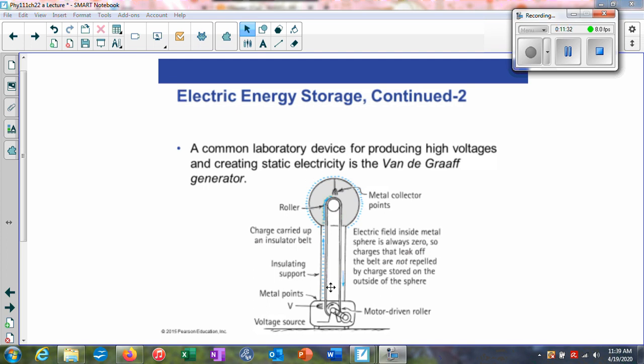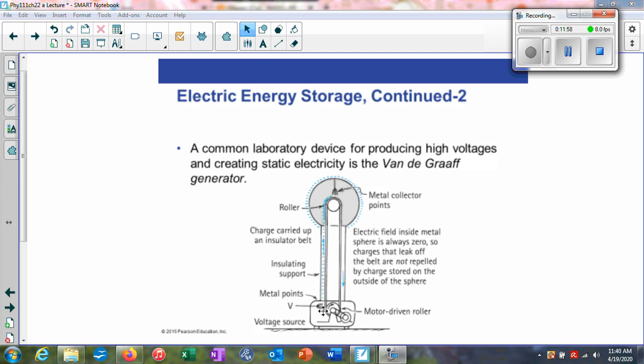Inside, when I plug the thing in and turn it on, it makes this belt go. This belt is going around like this, and it's rubber, and as it goes around, it goes past these metal points. There's something kind of like a brush or a fork looking thing. It has a lot of little spikes, and they're made of metal.